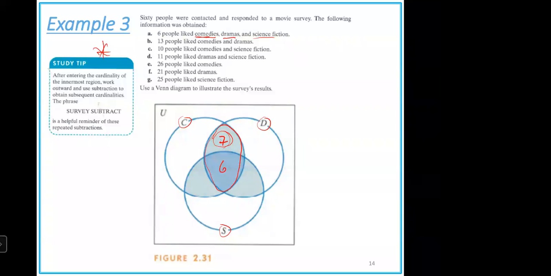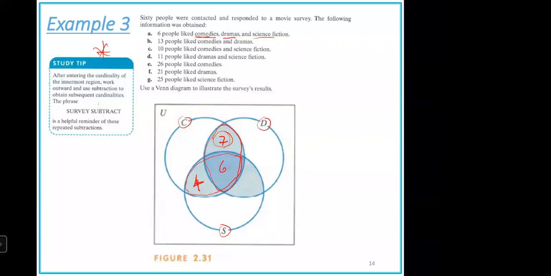Then 10 people like comedies and science fiction. We already have 6, so we need another 4 in this region to get 10.